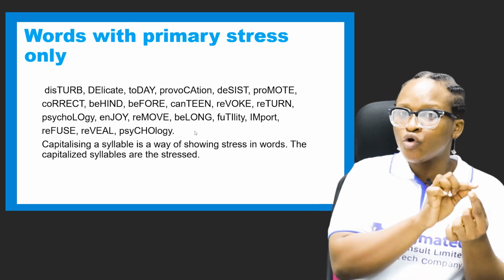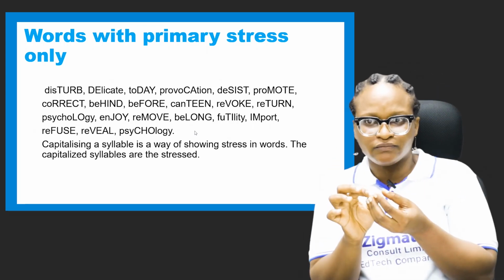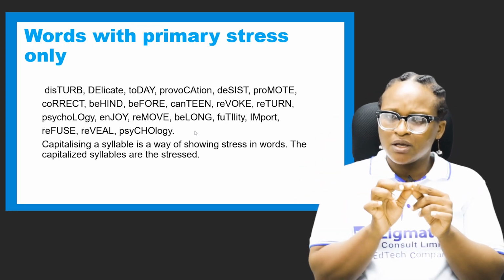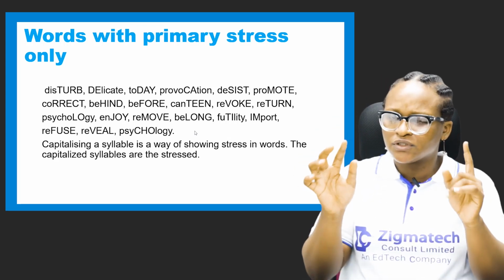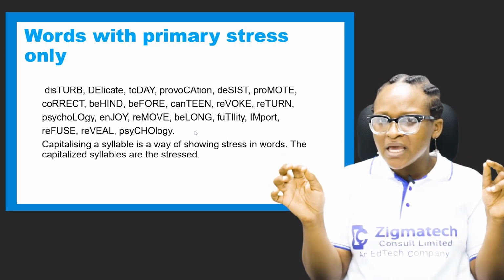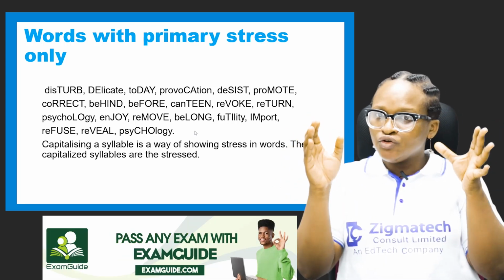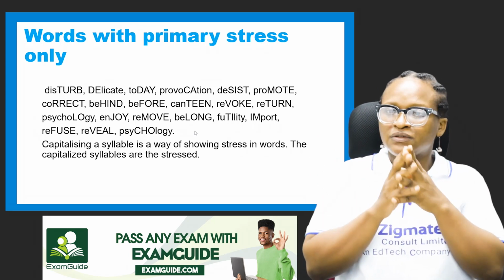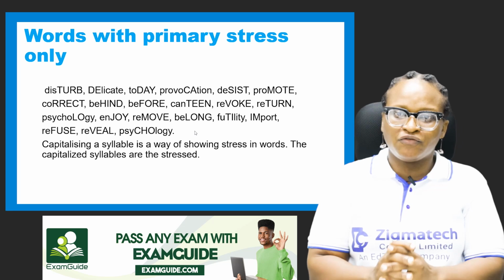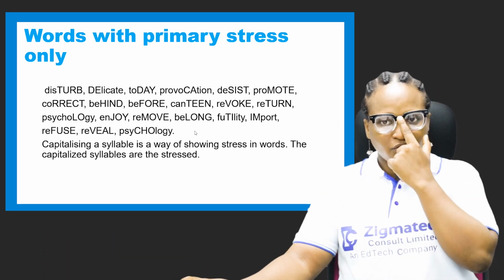That was why I showed us the use of the stroke. That is basically how the dictionary shows stress, using the stroke to identify the syllable that bears the stress. But for exam purpose, your WAEC, your JAMB, your NECO, and other exams that may possibly set questions on word stress, you must look out for the syllable or syllables that are capitalized. So the capitalized part of that word is the syllable that bears the stress.